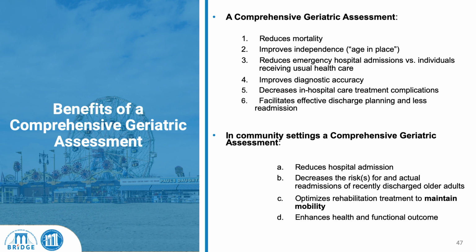In the community setting, a comprehensive geriatric assessment reduces hospital admission, so it keeps the resident again aging in place in their home and independent, and decreases the risk of readmission of recently discharged older adults. If they don't have the supportive care once they leave the hospital, their risk of being readmitted right away increases. It also optimizes rehabilitation treatments to maintain mobility, and enhances health and functional outcomes.